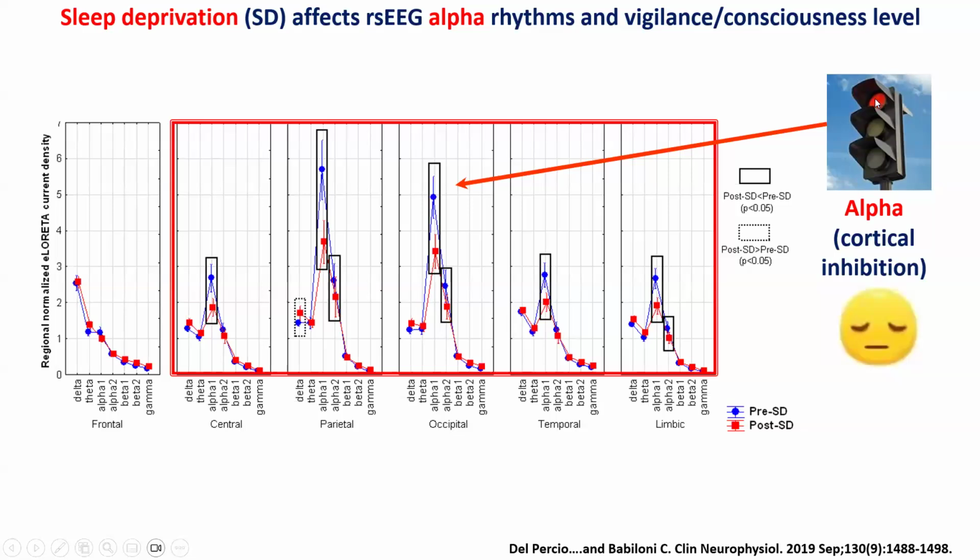Again, I use a red symbol in this picture to indicate that ample alpha source activity in parietal occipital areas is related to the inhibition of cortical information processing of visual contents.